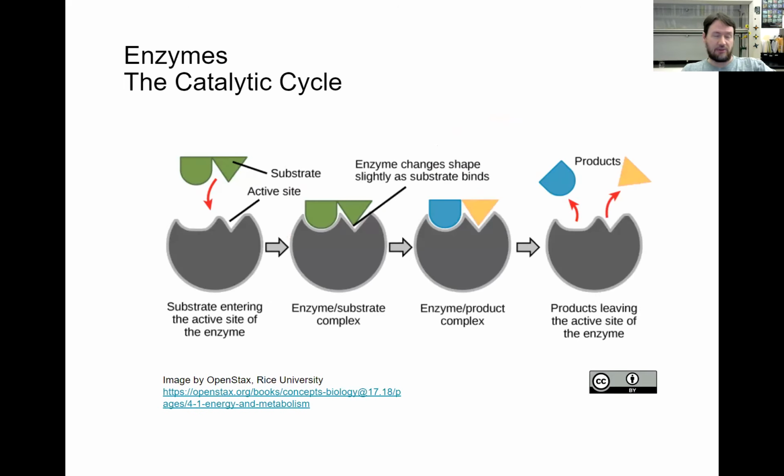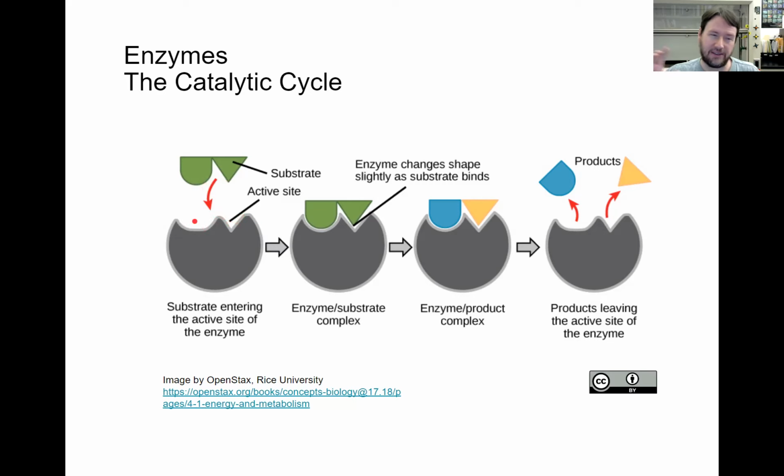Okay, so how do enzymes work? Essentially, there is a cycle of catalysis, or a catalytic cycle. So here is our enzyme. And there's a very special spot on the enzyme called the active site, which is where the substrate or substrates bind. And the active site is shaped so that it will fit the substrate.